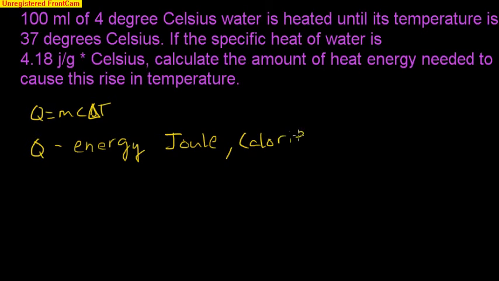You may ask, how do I know which one to use? Basically, you look at your specific heat, but we'll see that in just a second. The M stands for mass, and mass is going to be measured in grams.